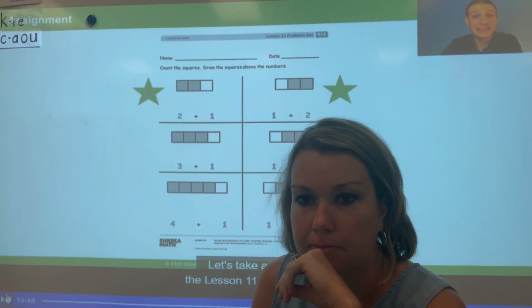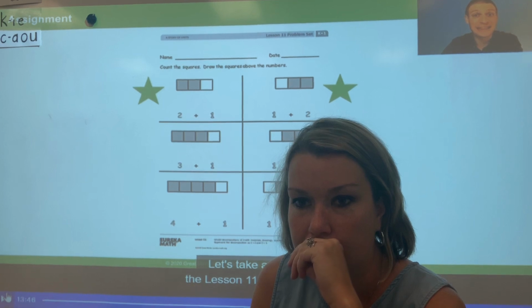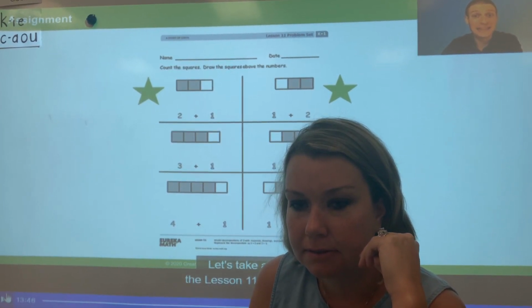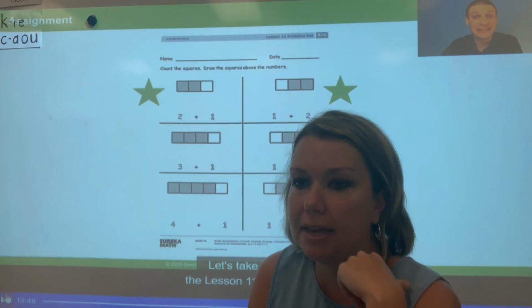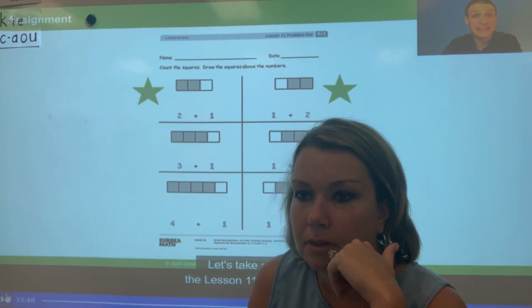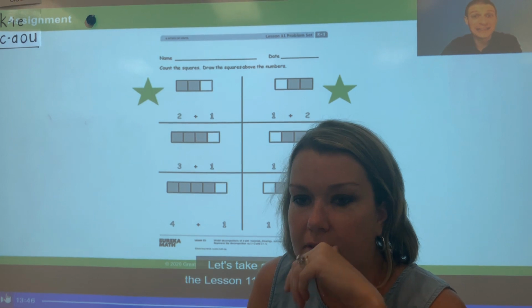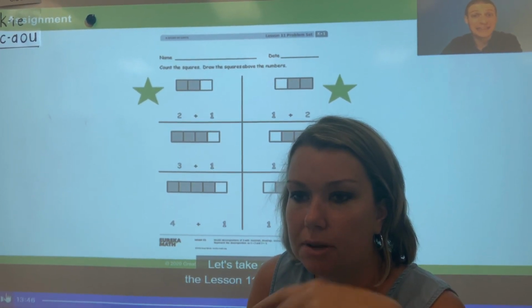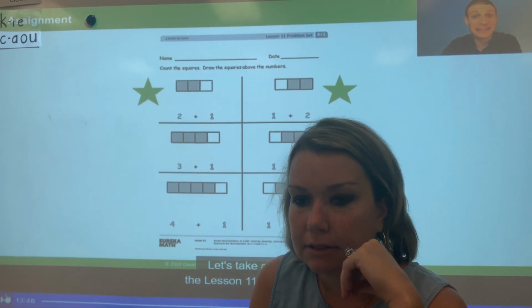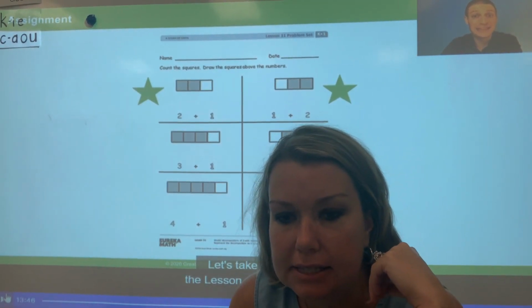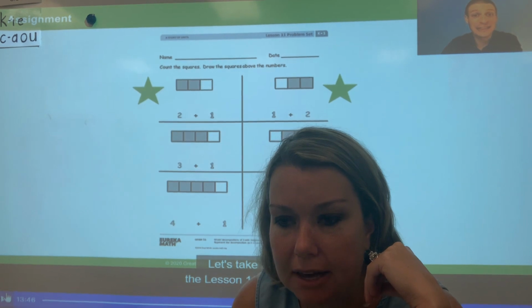Turn to lesson 11. Give me a thumbs up when you're on the right page. Good job, Rhea. Good job, Russell, Emily, Lily, and Leslie. Do you have someone to help you turn to your page?